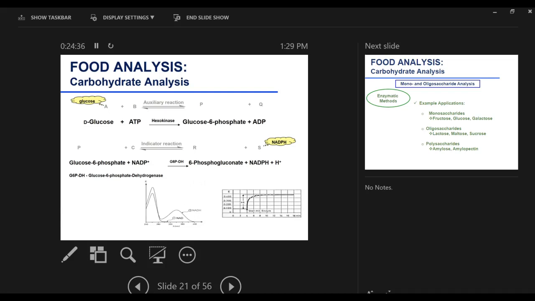This product right here absorbs light. Lambda max is around 340 or something. So you measure the absorption of NADPH, and then you back-calculate the concentration of glucose based on the molar ratio within the reaction. Okay, pretty simple.